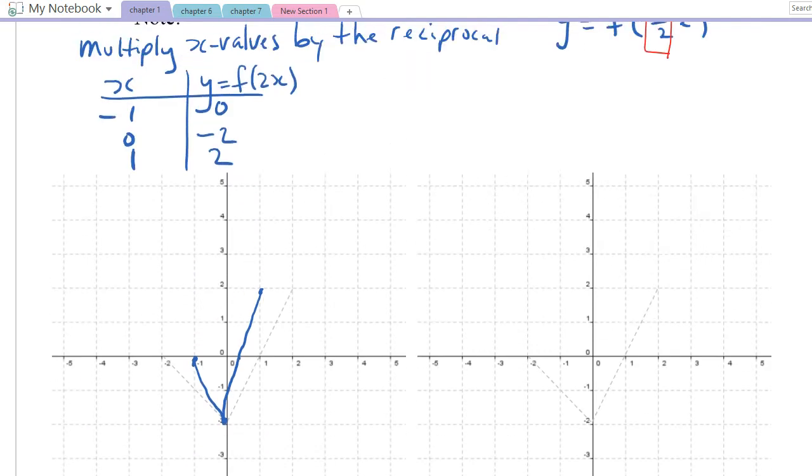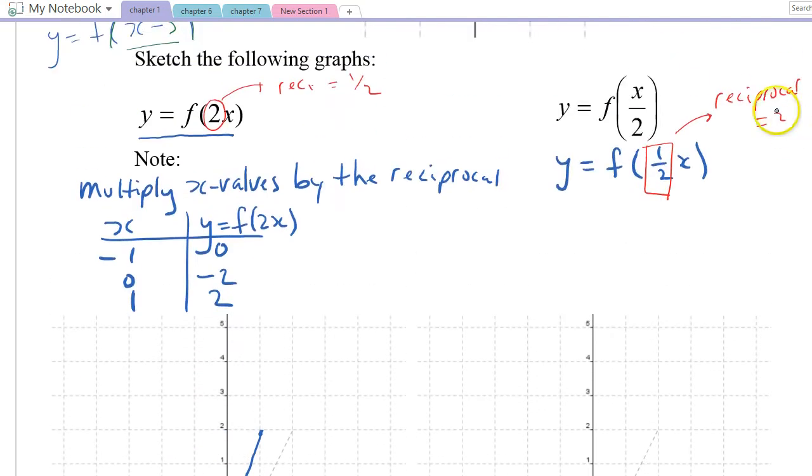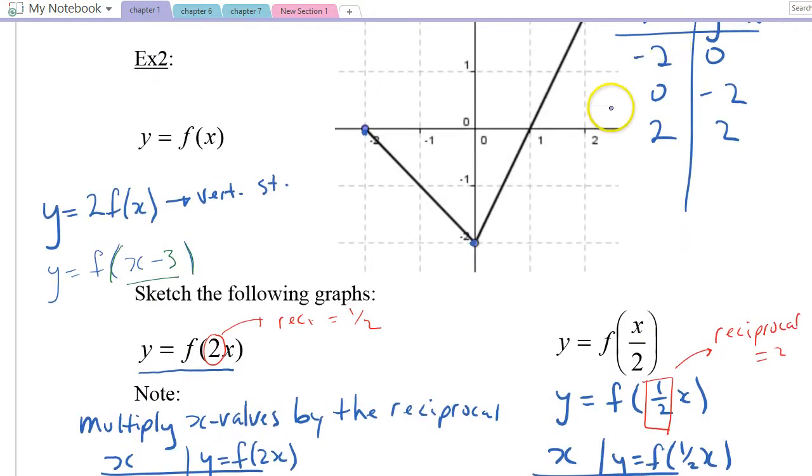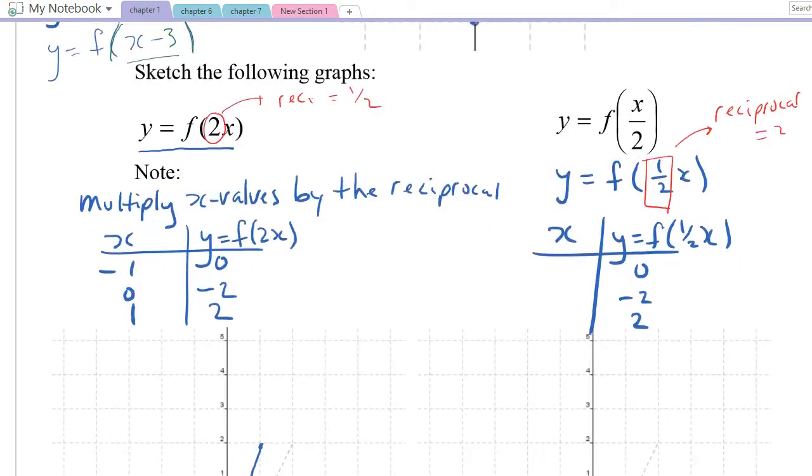Okay, and for this one, when I'm multiplying by 2, my y values are going to stay the same. But my x values, instead of -2, 0, and 2, will get doubled: -4, 0, and 4.